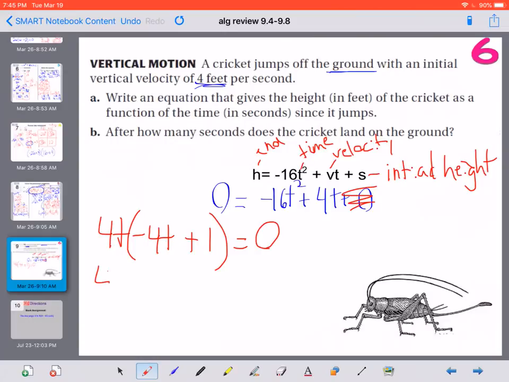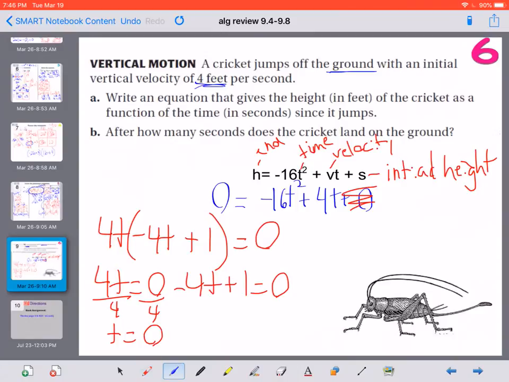So then I'll have 4t equals 0 and negative 4t plus 1 equals 0. So I divide by 4 here. I get t equals 0. Here I've got to subtract 1. So negative 4t equals a negative 1. Divide by negative 4. And t equals a positive 1/4.